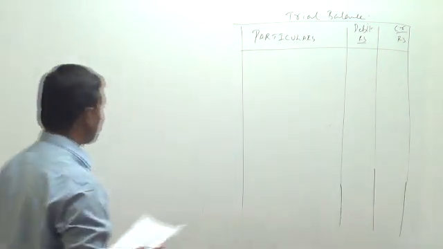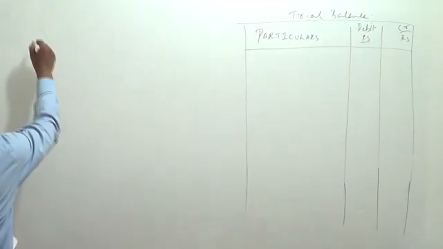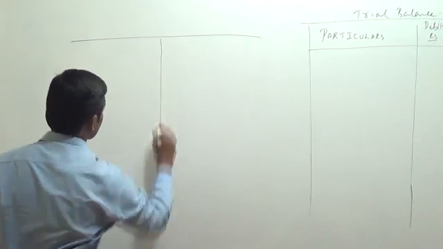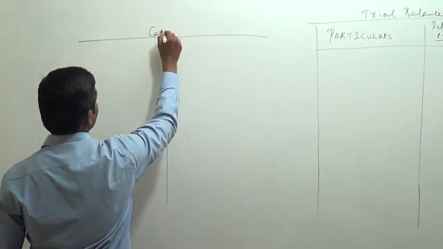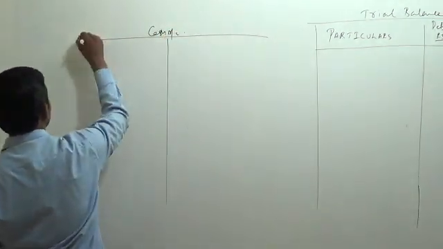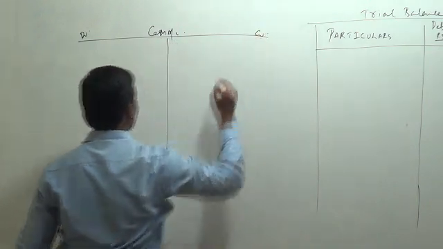Now I have the ledger accounts with me for problem number 1. I'll prepare the ledger accounts once again for you. I'm going to take up the cash account first. Debit, credit.